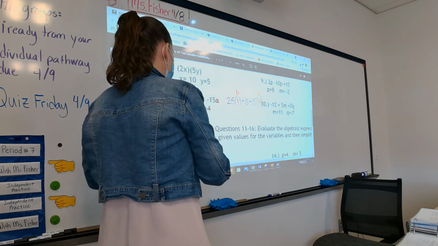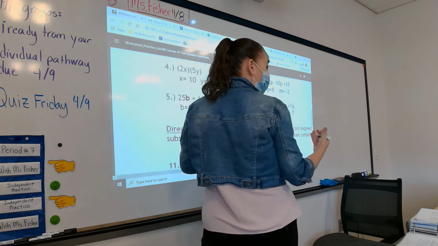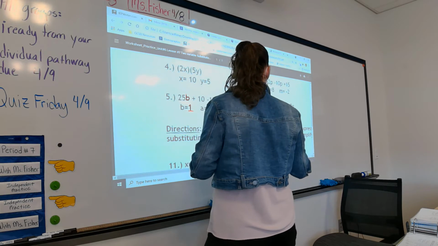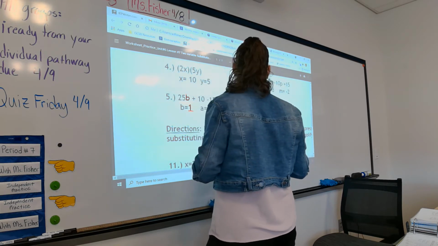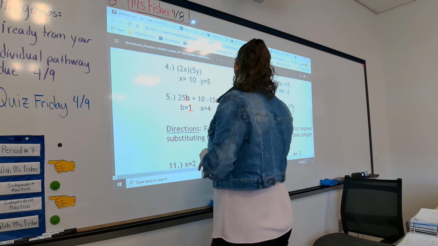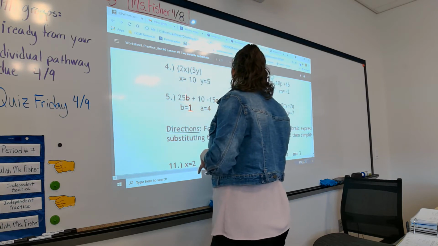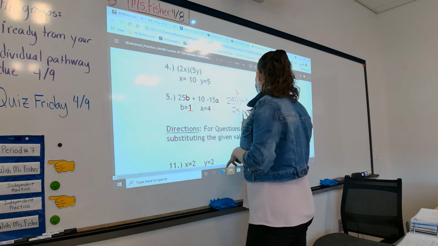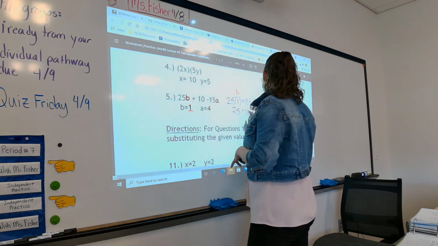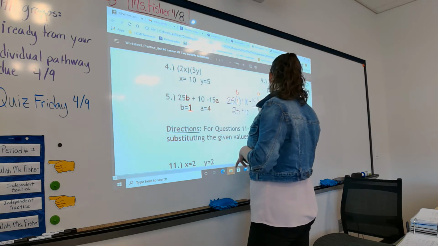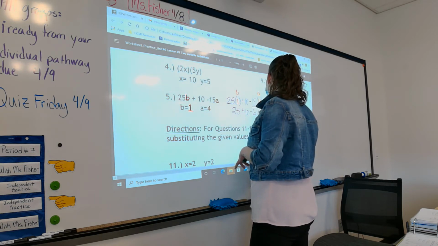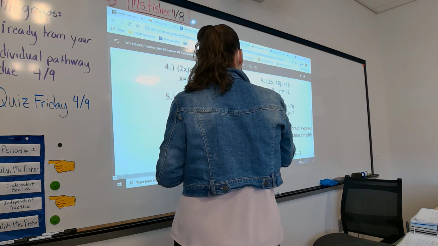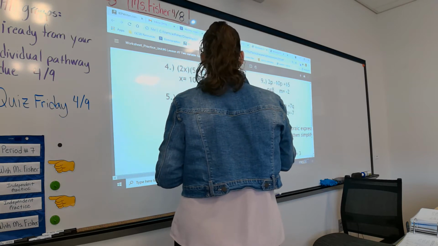So now I go by my PEMDAS rules, which states I do multiplication and division before I do any addition and subtraction. So 25 times 1 is 25. Now I got to do this multiplication, so I'm going to do 25 plus 10, and then negative 15 times 4 is going to give me negative 60.